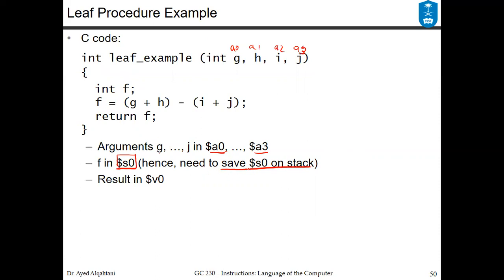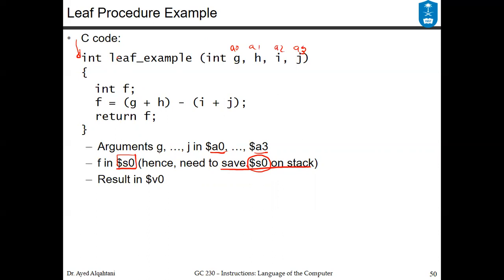The reason is this S0 might be used before you come to this procedure. Let's say that you are coming from the main function, and in the main function, you were using S0 to do some operation. So to save the S0 that has been dealt with in the main function, probably the register S0 has an important value.